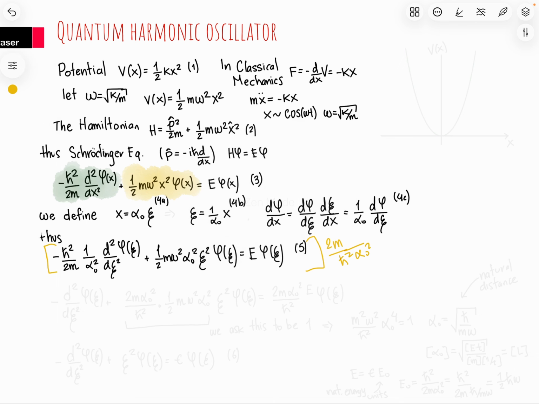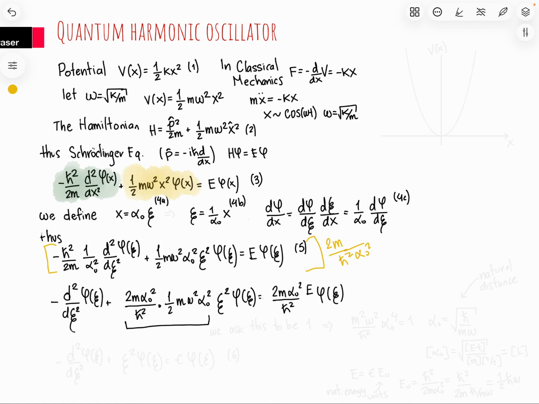So we get 1. We could also multiply by minus 1, but just to leave it as it appears in books, we will not do it yet. So we have this, the term with the second derivative, the term with psi squared, with this coefficient, and on the right-hand side we have the energy multiplied by this term, right?